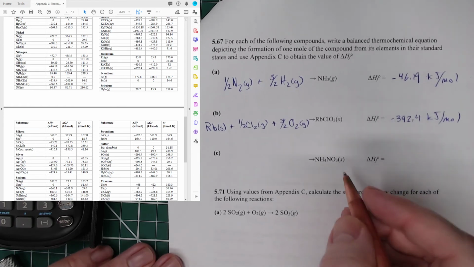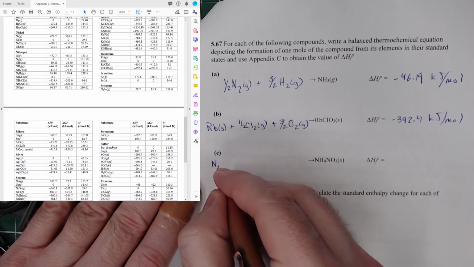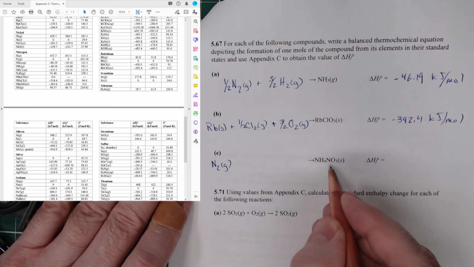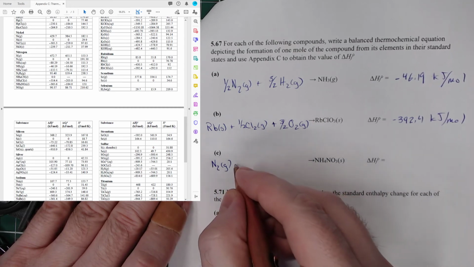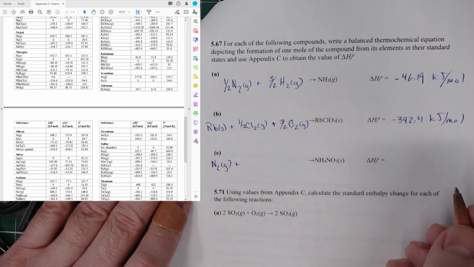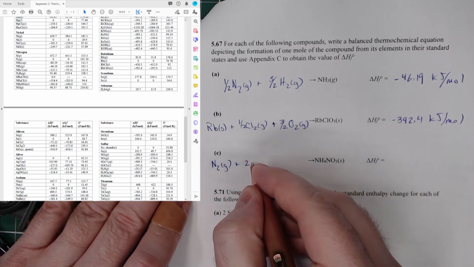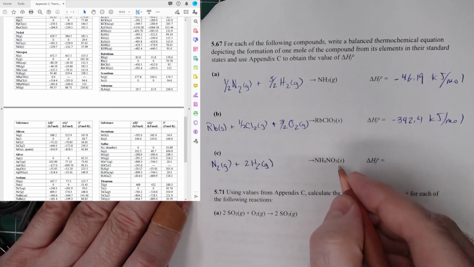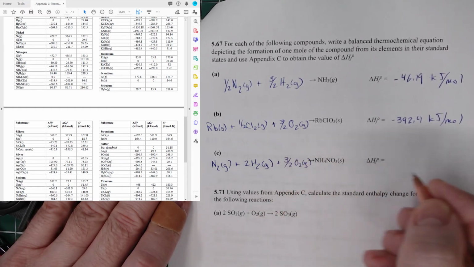All right, now for this last one, we already know about nitrogen. Nitrogen is N2 gas. And since we've got 2 nitrogen atoms here, we need 2 moles of nitrogen atoms, so we're going to have 1 mole of the N2 gas. So we'll leave that with a coefficient of 1. For hydrogen, we need 4 moles of hydrogen atoms, so we're going to have 2 moles of hydrogen gas. And then for oxygen, we'll have 3/2 a mole of O2 gas.